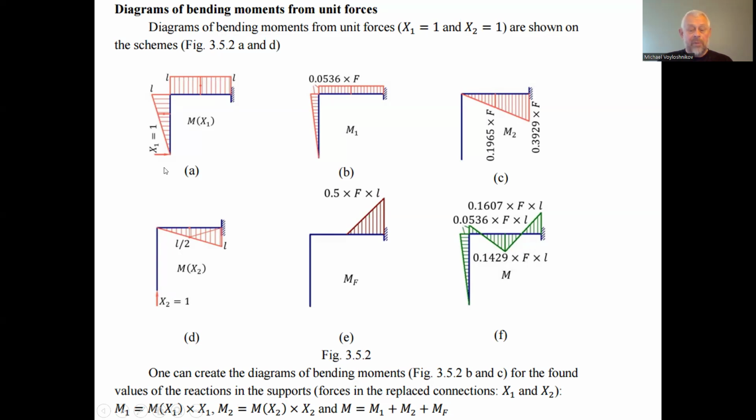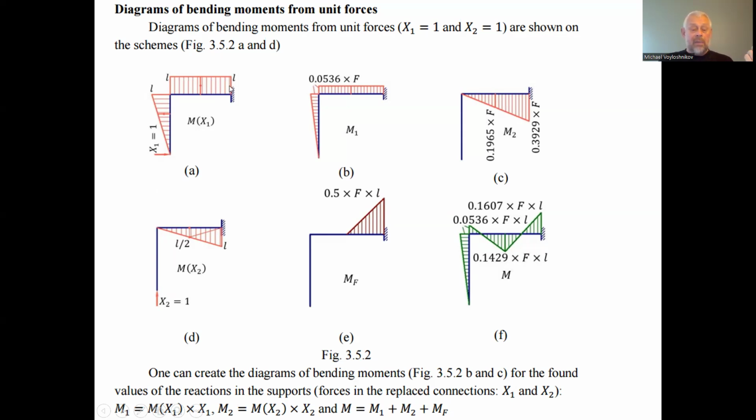But first of all we have to improve these diagrams. The improvement is indicated in the last equations on the slide. As we have a unit force, the bending moment diagram is as indicated in figure 3.5.2 D and A under the action of the unit force.